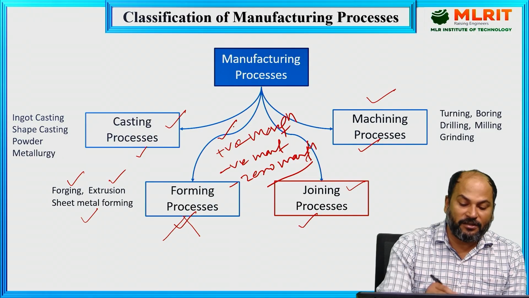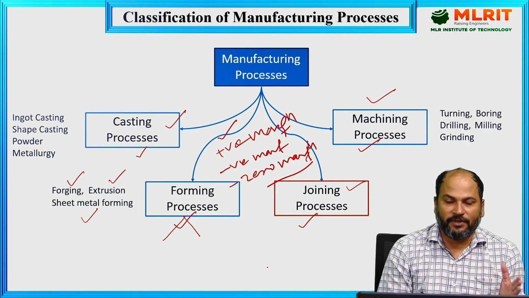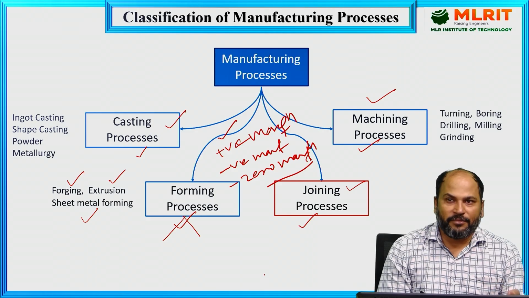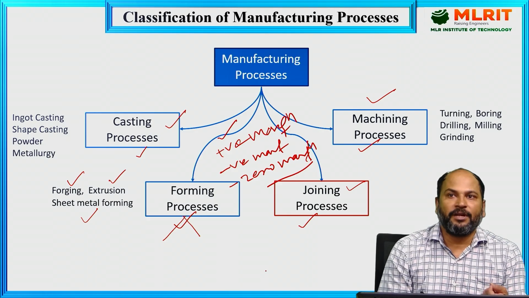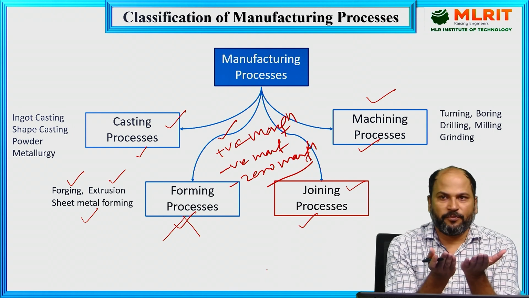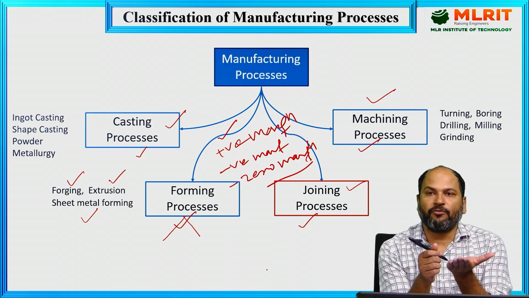What is the meaning of this? Positive manufacturing means, suppose we are doing a manufacturing process chosen to change the dimension of the specimen. If during the process we are adding material, just like welding, suppose we are using shielded metal arc welding, in that we know we will use an electrode. Suppose I am going to weld two plates and I use an electrode.